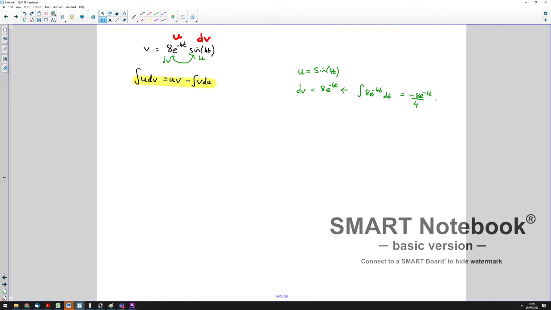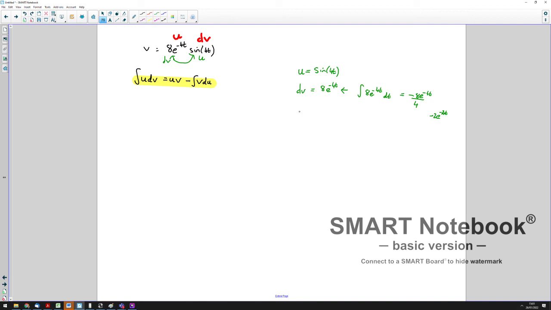That's why using your e as the dv is often worth spotting, or minus 2 e to the minus 4t. Why is it with respect to dt? Because we're integrating it with respect to time. So our equation's got t in it, so we're integrating with respect to time.